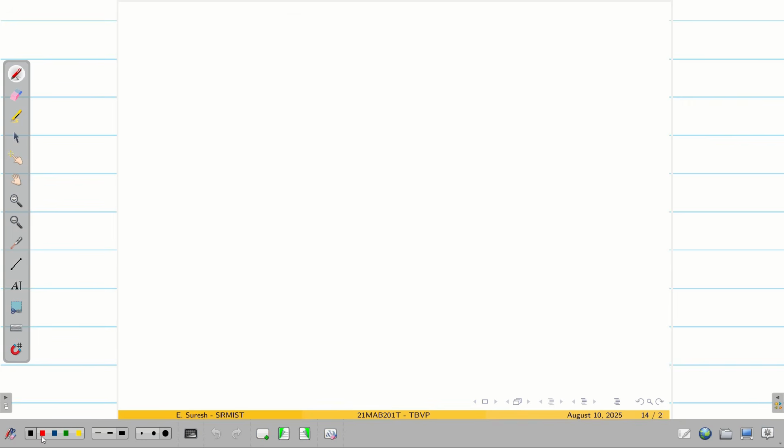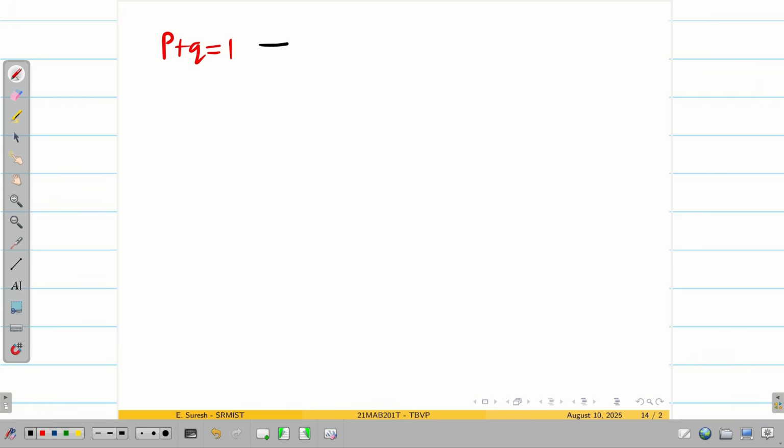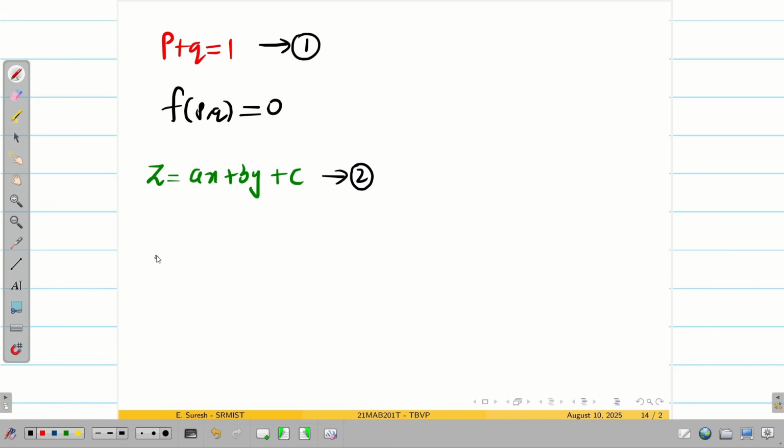Now for your convenience, I am going to solve the problem in a very fast way. What are all the steps needed in exam point of view? The given problem is p plus q equal to 1. Let us take this as equation 1. It is of the form f(p, q) equal to 0. It has only p and q. Therefore my trial solution is z equal to ax plus by plus c. Now take this as equation 2.